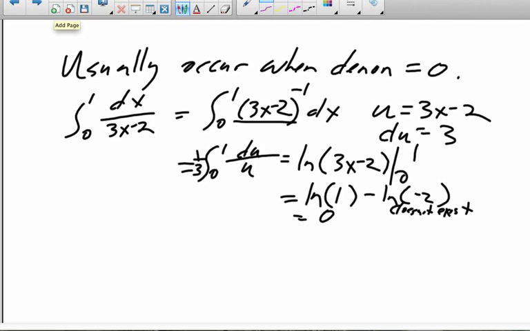Okay, but what happens here is we've got something else. Anytime you've got this down here, you need to worry about when it equals 0. So you set your denominator equal to 0 and solve it.